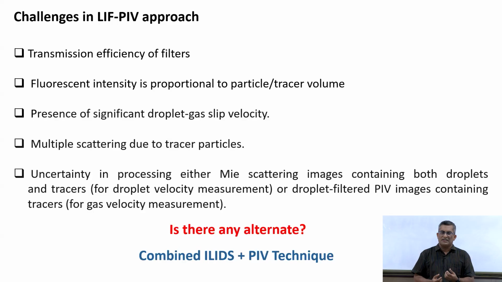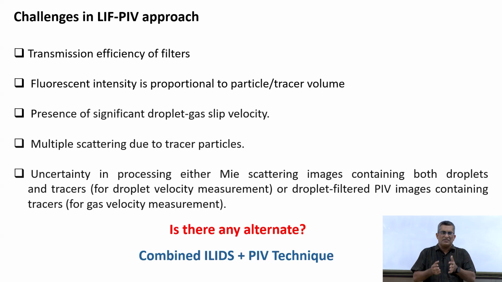In that case, we add some dye either to the tracer particles or to the dispersed particles, and using an appropriate light source and appropriate filters, we can separate the phases while acquiring the images.